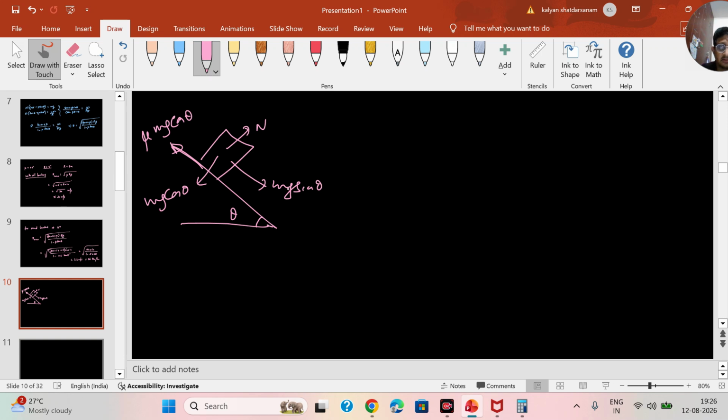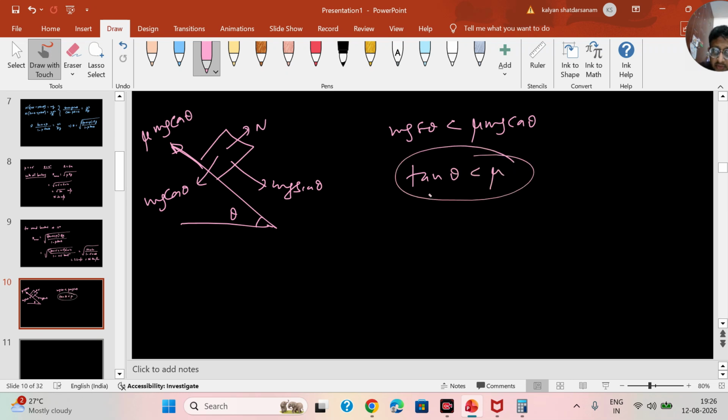So we should not have mg sine theta more than mu mg cos theta. So mg sine theta should be less than mu mg cos theta, or your tan theta should be less than mu. So you should bank your road in such a way that this condition holds. If this doesn't hold, stationary vehicle will come down.